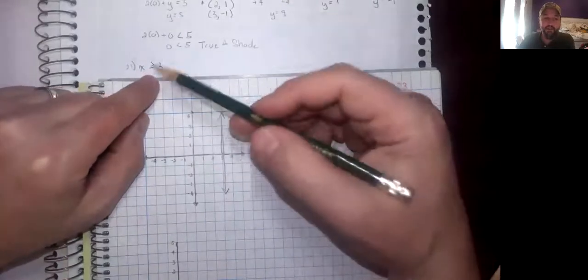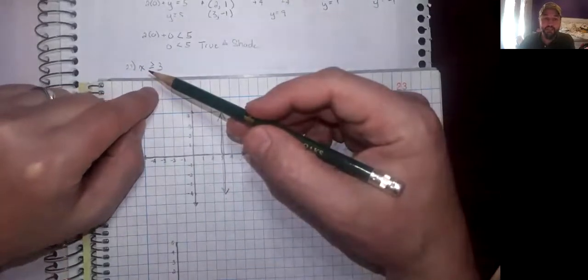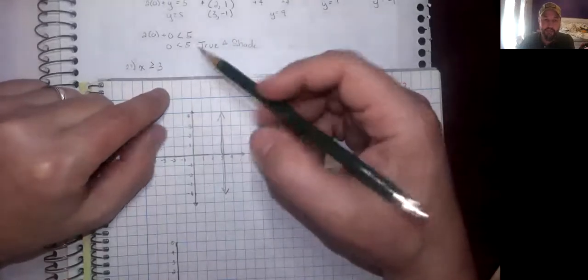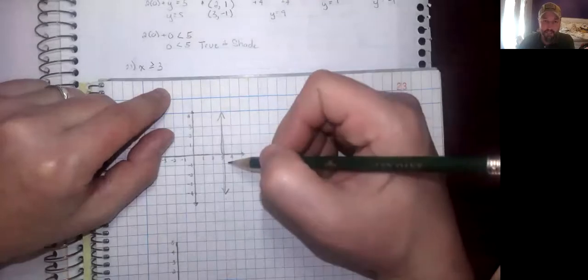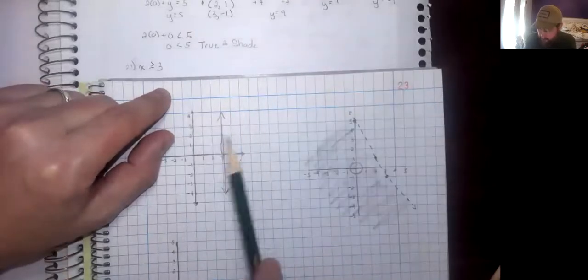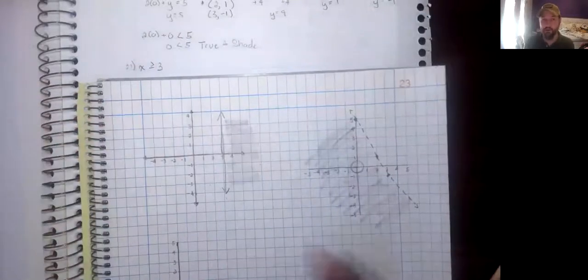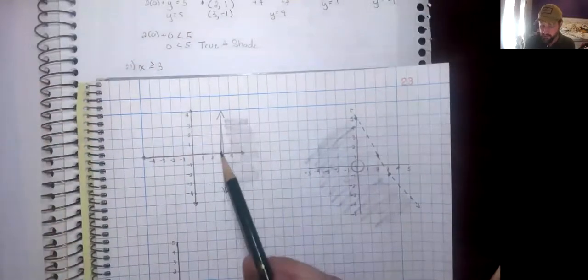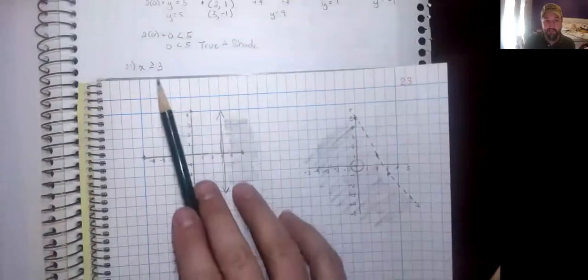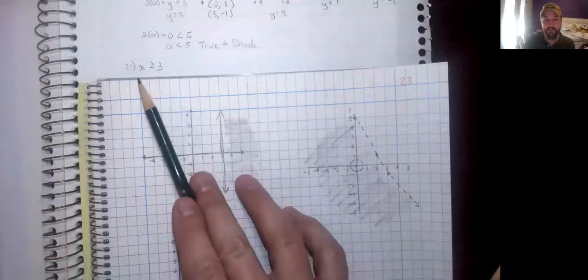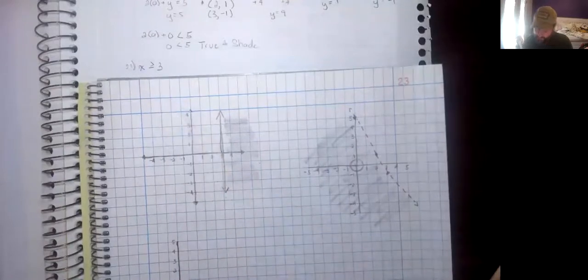And then this one, I don't have to test anything. This is literally saying x greater than or equal to 3. So any x that's 3 or bigger. And I'm done. That's how I graph these. The solid line, if it's got the little line underneath saying equal. And then in this case, I only have one thing to worry about. All x is bigger than 3.